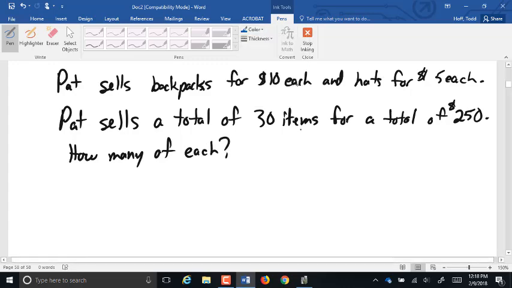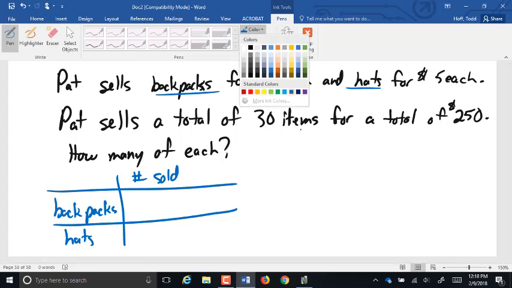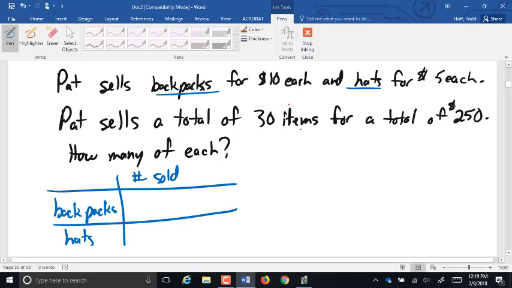So here again, we have backpacks and hats. We have two things, and we're looking at the number sold. Now, there is a relationship between them, but it's not that one is a certain times the other. The relationship is there's a total of 30 items.